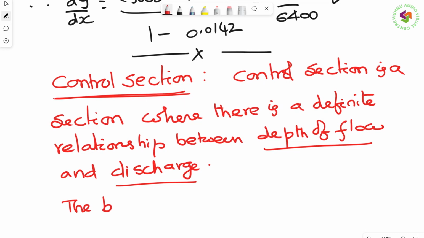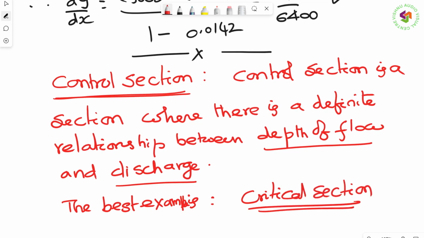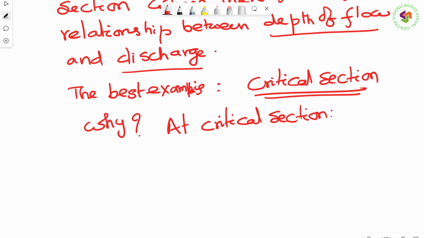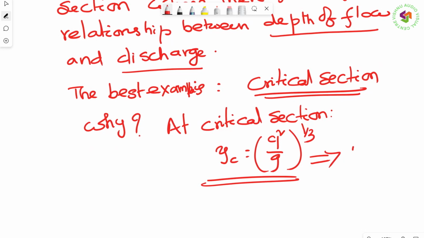The best example is the critical section. Why critical section? At the critical section, Yc is equal to (q square by g) whole to the power of 1 by 3. There is a definite relationship. There is a defined relationship.